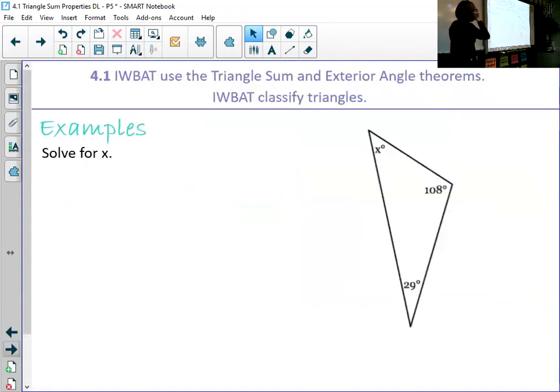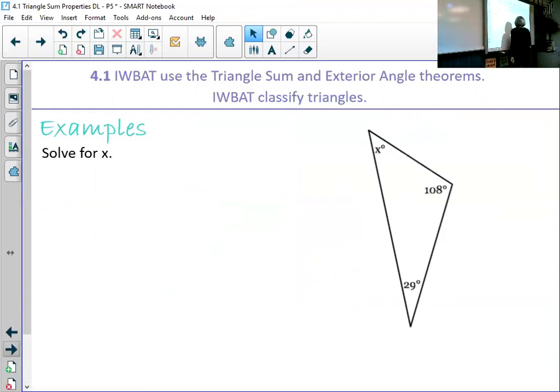All right, so now we're going to use the triangle sum theorem, or sometimes they call it the interior angle theorem. Knowing that all 3 of the angles need to add up to how much? 180.